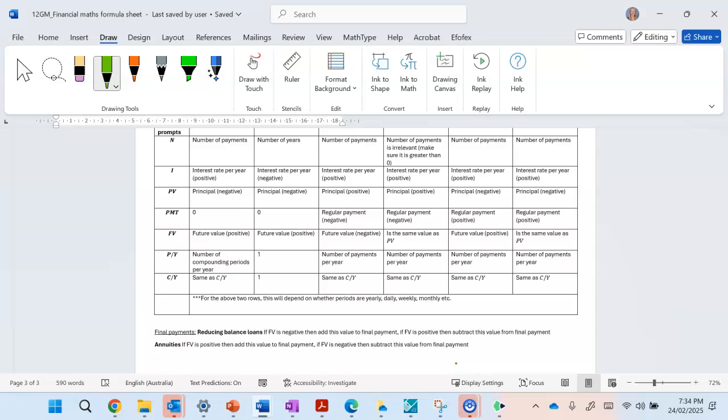If you're with me in the future, then you probably do. Now, it's a reducing balance loan. That's the only time you're going to get a final payment question with reducing balance loans. Could be a mortgage as an example of a reducing balance loan, or an annuity. So we're doing a loan. If your future value is negative, then we add this to the final payment. If future value is positive, then we subtract it.